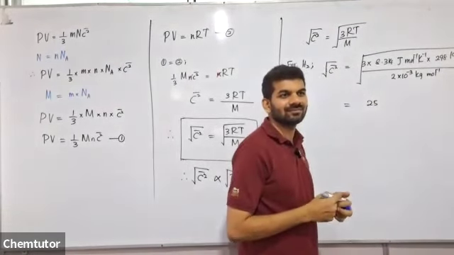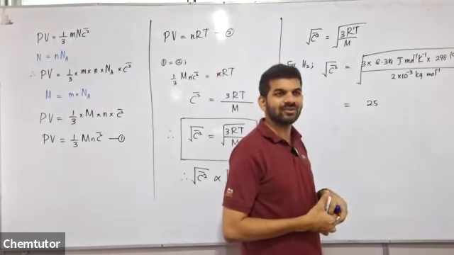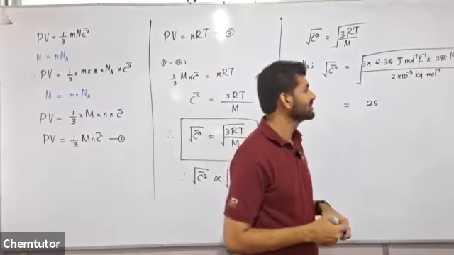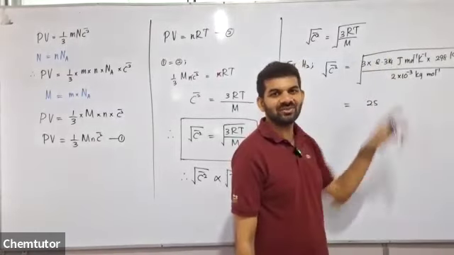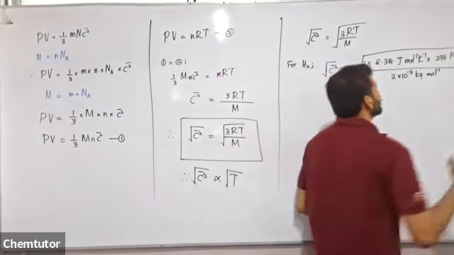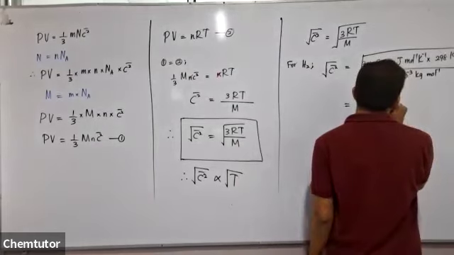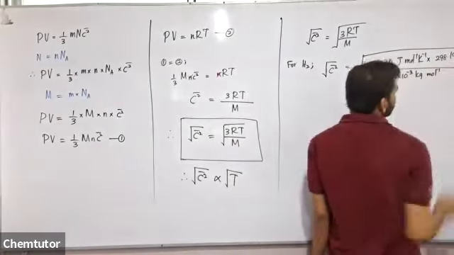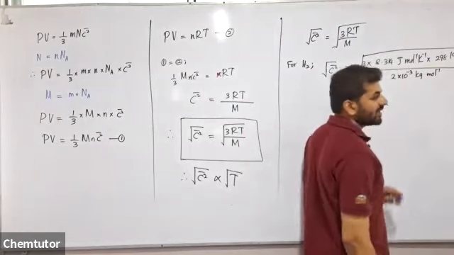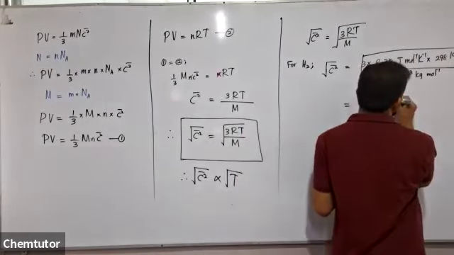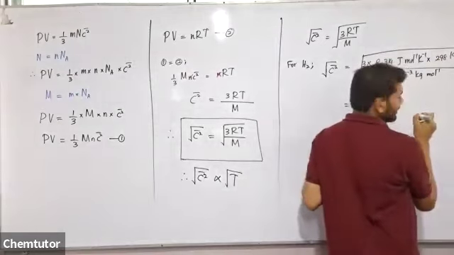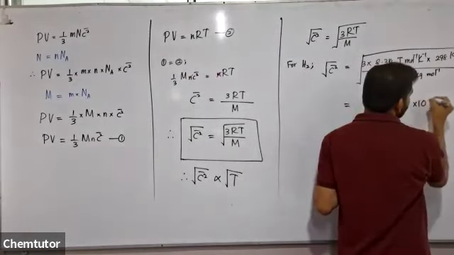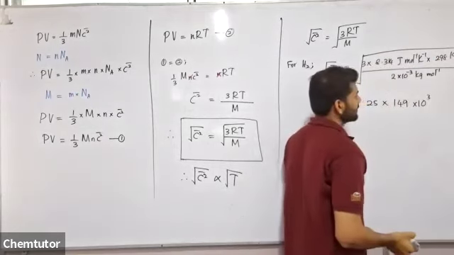So no need to simplify or calculate that. Then 2 times 298, it is divisible by 2, so it has to be 149 into 10 to the power 3, right?